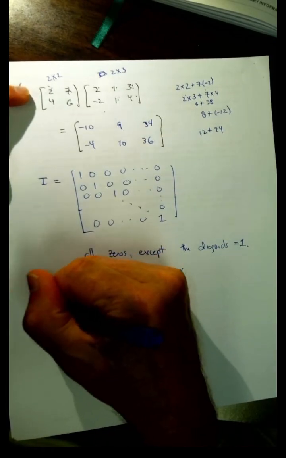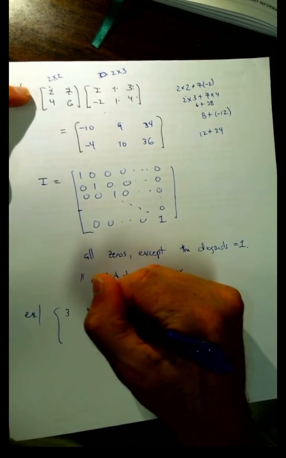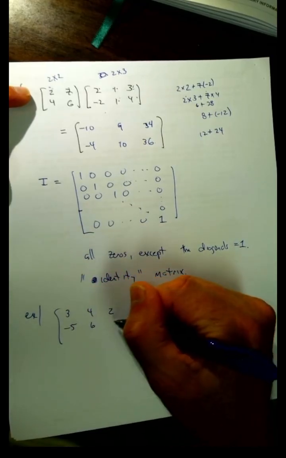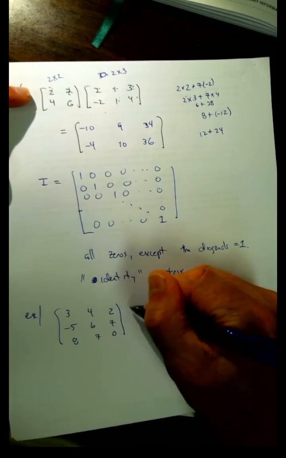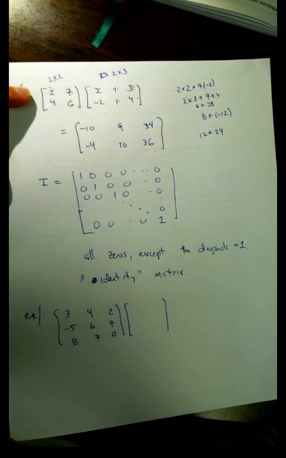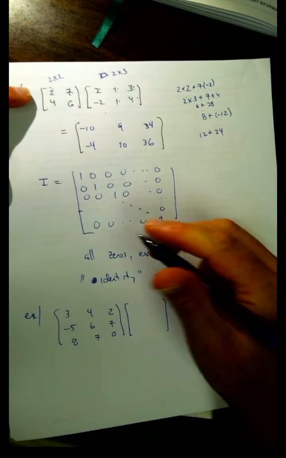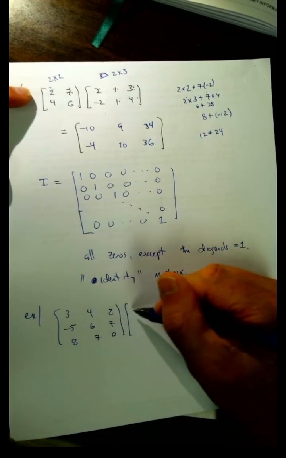So for example, if I have the matrix 3, 4, 2, minus 5, 6, 7, 8, 7, 0. Now an identity matrix has to be square because the diagonal entries are all 1s. So this is going to have 3 rows because there's 3 columns.